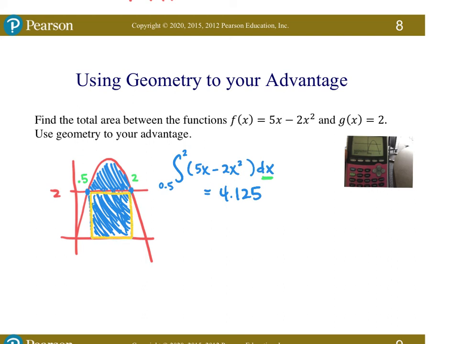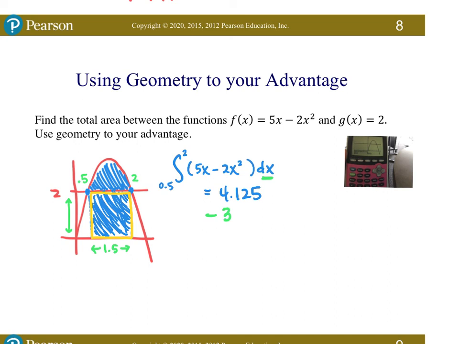I would like that all to go away. And that rectangular area has a base of 1.5. That's 2 minus 0.5, and it has a height of 2. So that rectangle is 1.5 times 2, or 3.